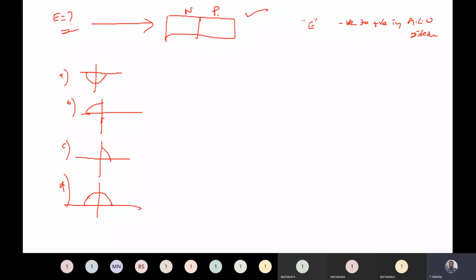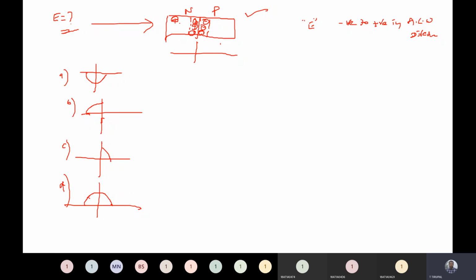Now tell me. This is an N-type semiconductor, which means the majority charge carriers are electrons. What ions are present here? Donor ions and electrons. In the depletion region, what is the charge? Plus. And here, the depletion region contains immobile negative ions. So electric flux lines always move from negative to positive in the anti-clockwise direction.